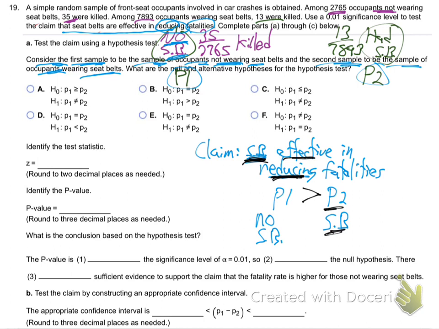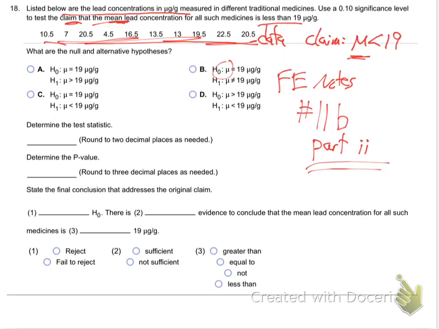For the rest of the steps, we just need to go to the hypothesis test. Now this is two samples. Two samples with P. So two groups, not just one group. Like look at this last problem, number 18. We just talked about one mu. There weren't two groups. There was a lot of data, but it was all pertaining to one group, one sample.